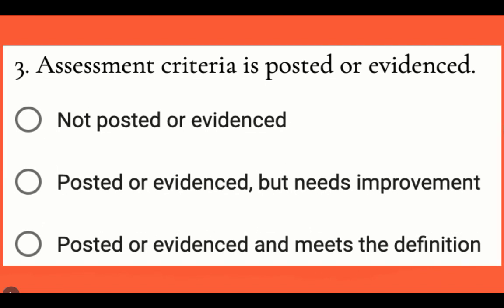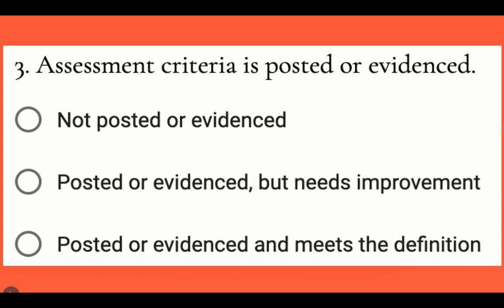Last, let's look at the statement in the walkthrough instrument that is used to give you feedback on your assessment criteria. You'll notice that there are three different options here. One says not posted or evidenced, so it's not on the wall, on the whiteboard, and when I talk to students, they can't articulate what they're learning or how they're being assessed.